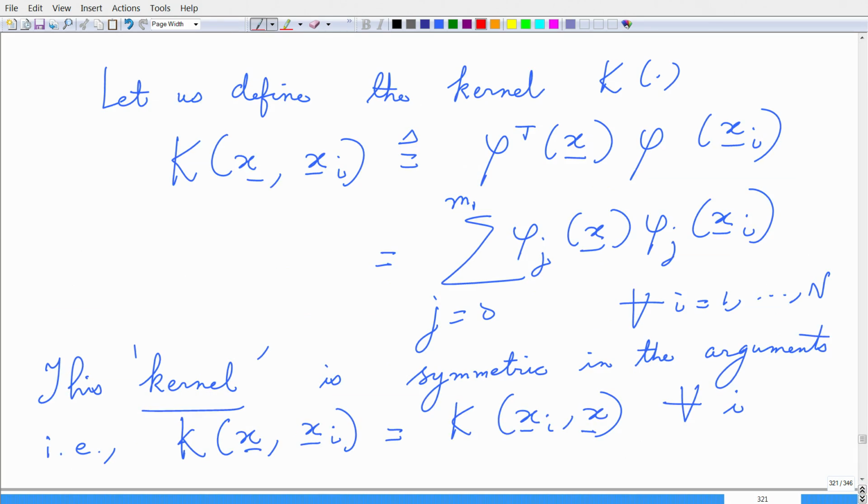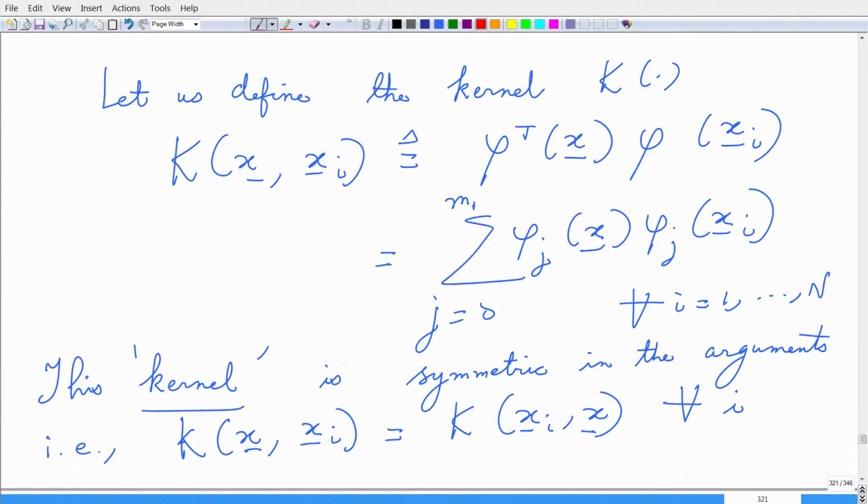Now we are sort of there to define this kernel, but I have to link this kernel with more intricate properties, as to what are the properties of this kernel, for which I require Mercer's theorem. But before I get into the details of Mercer's theorem, let me bring this clarity to you: I can take the inner product of phi of x with phi of xi, and I define that to be my kernel K with two arguments x and xi.